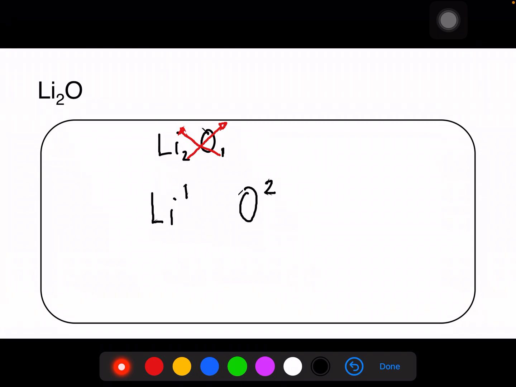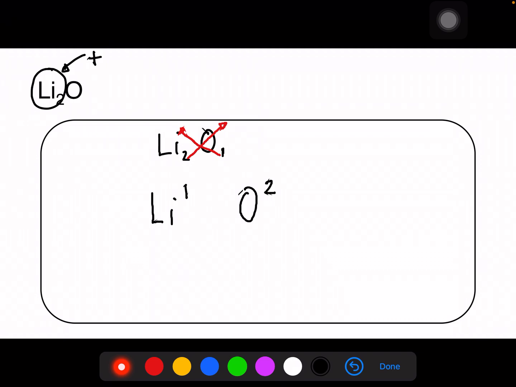Next one, we need to place the charge. So since it is charged, a positive sign and negative sign are required. So which one of them will carry the positive charge? Which one of them will carry the negative charge? For that case, in an ionic compound, the first element will always carry the positive charge.